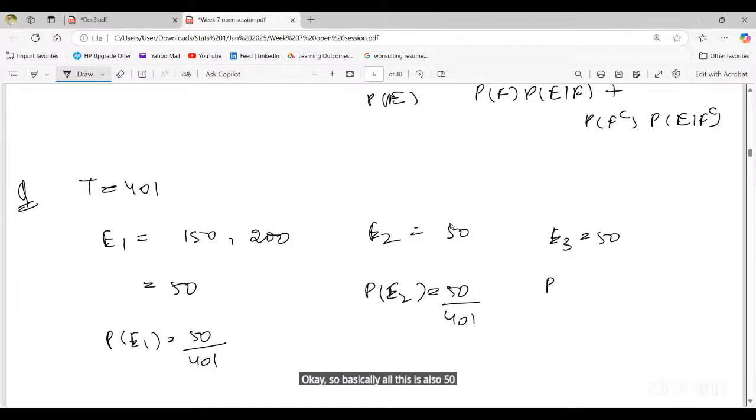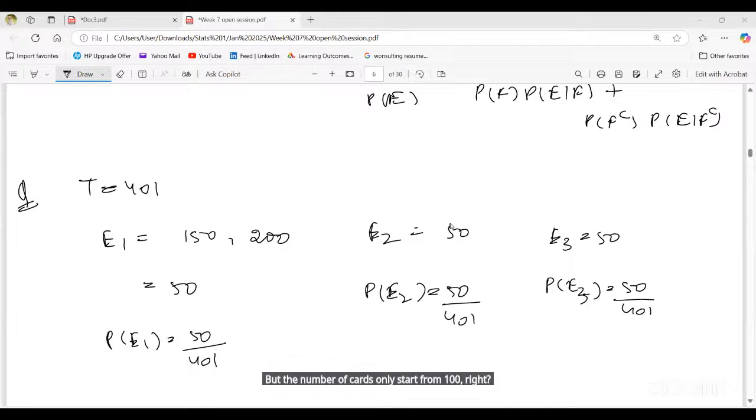Ma'am, but the numbers on the cards only start from 100, right? How can the number on the card be greater than 60? It is greater than 60, less than or equal to 110, right? So 110 minus 60 is 50 only, no?